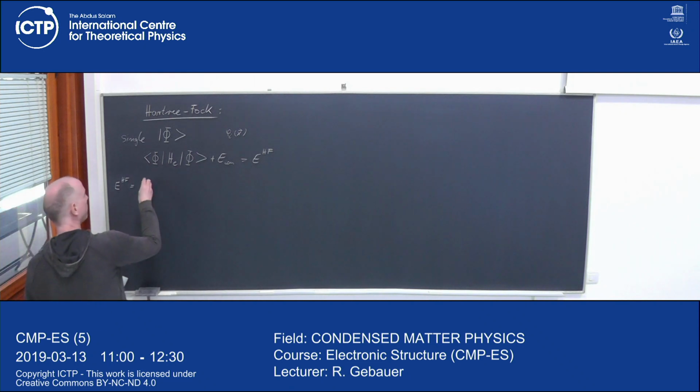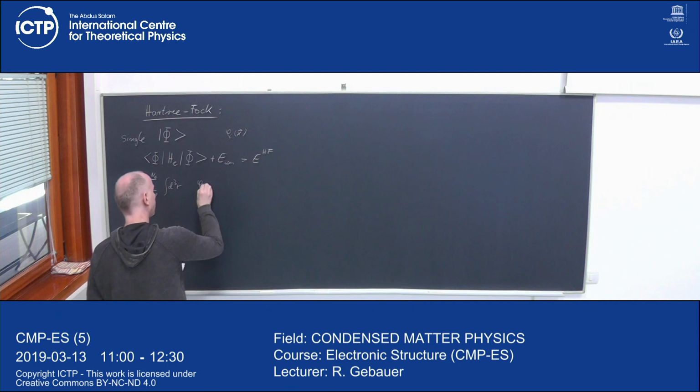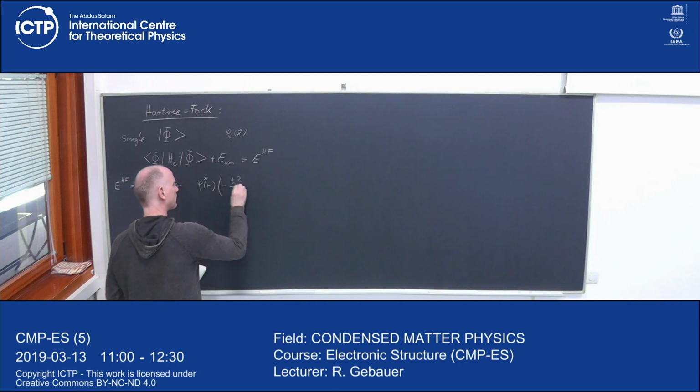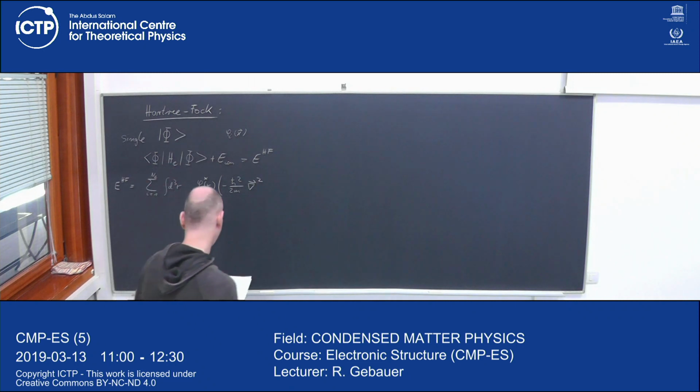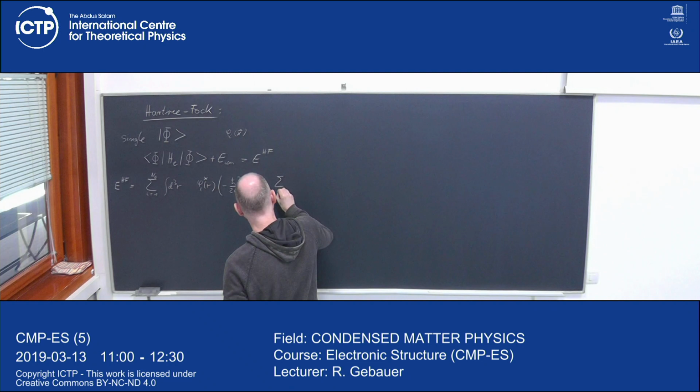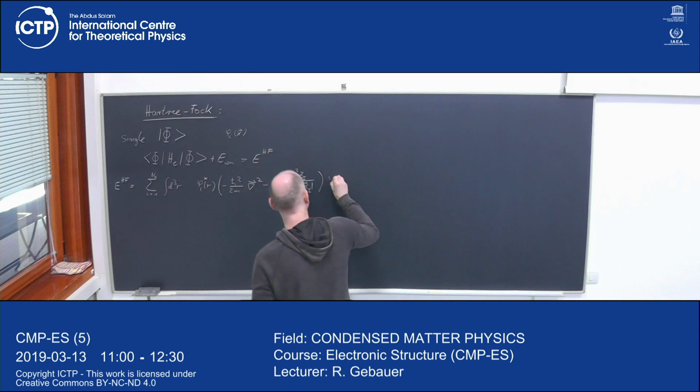And so the first part, the one of the single particle terms, we can simply write as a sum over i. So we sum over all electrons, we integrate over all space, and then we have phi i of r complex conjugate, times minus h bar squared divided by 2m gradient squared, minus the interaction with the nuclei, which is something like this, divided by r minus the position of the nuclei, times phi i.